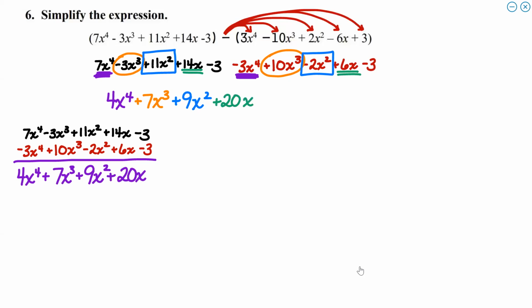And then last but not least, negative 3 and another negative 3 over here. What happens when I take negative 3 and I put it with another negative 3? I get negative 6. Yep, negative 6 or minus 6.